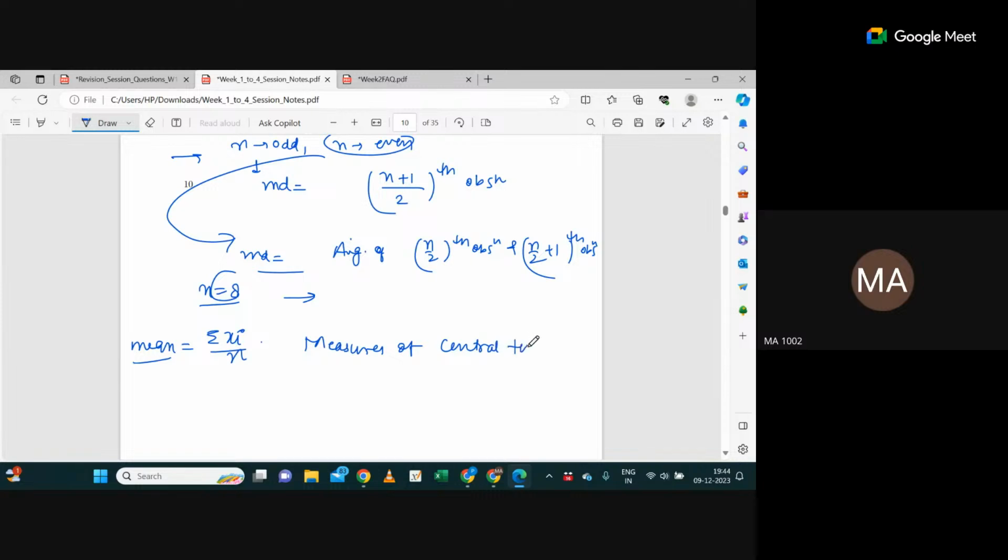Now tell me, why are we interested in calculating the mean? Because the rest of the data is around it. Anybody else? A single representative value of the data. Correct.